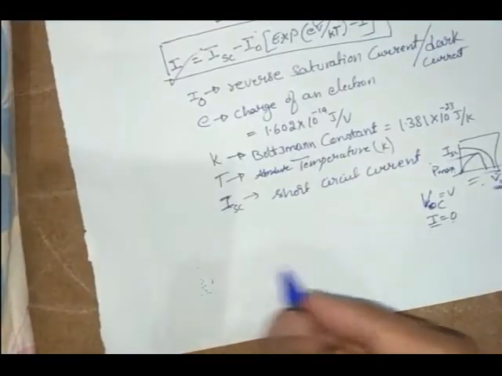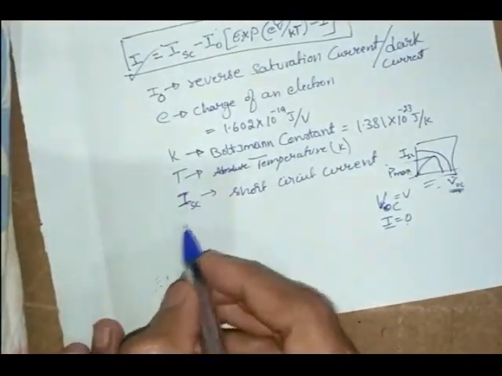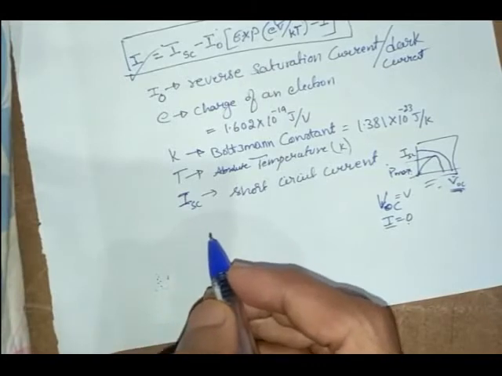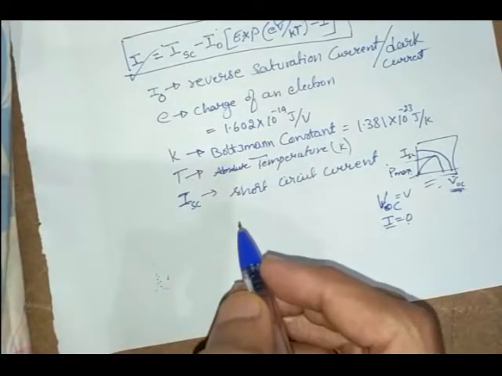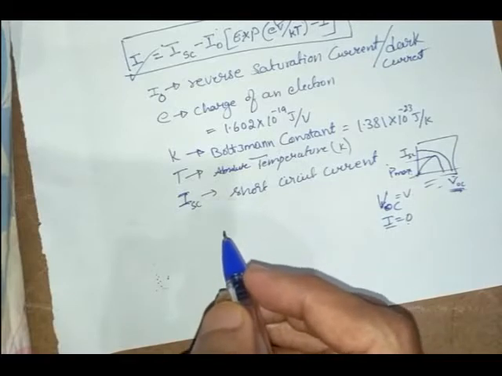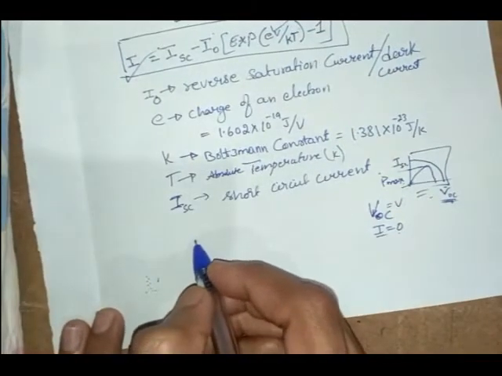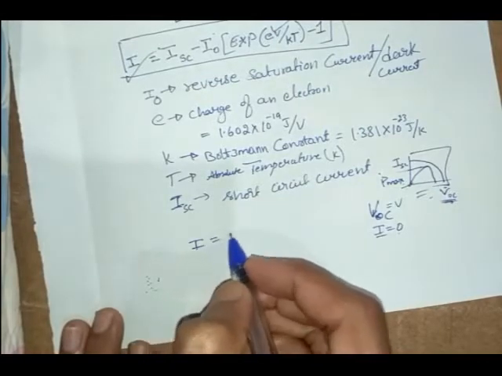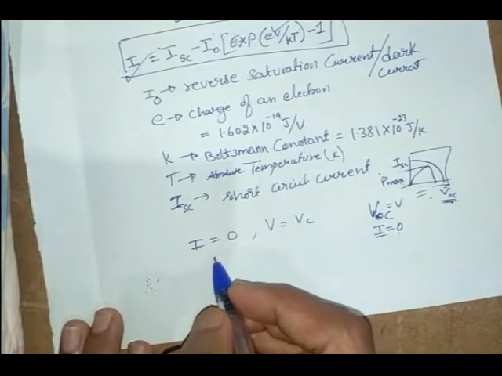So if we substitute that boundary condition, I is equal to 0, V is equal to VOC.